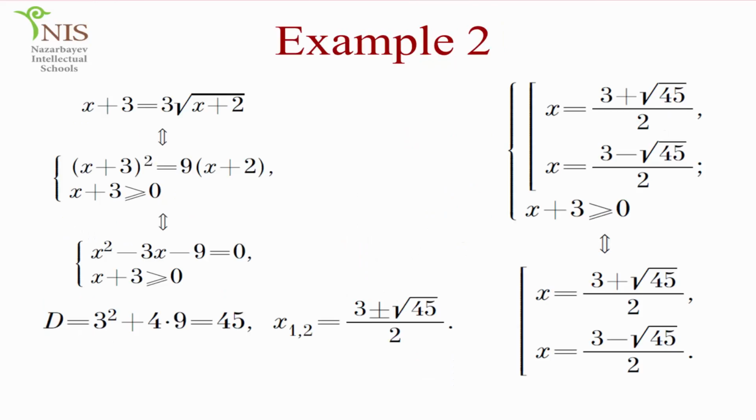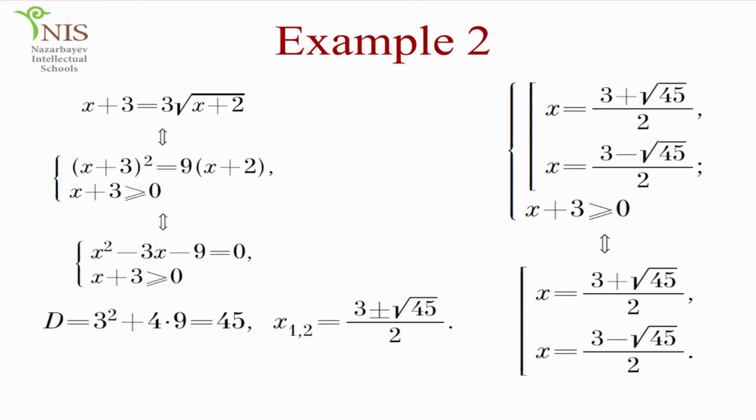Okay, example 2. Here we have an irrational equation: x plus 3 is equal to 3 multiplied by square root of x plus 2. So what we do, again, we are taking the squares of both sides, and the second inequality will be x plus 3 bigger than or equal to 0. So from the first equation, we get a quadratic equation which is equal to 0.